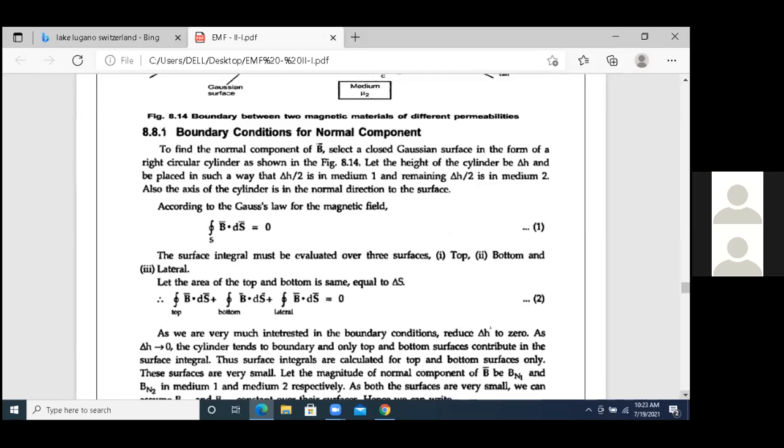So over the closed surface, the three areas that we are looking at are B dot dS at the top, at the bottom, and over the side.